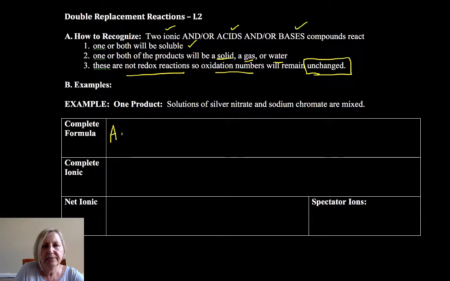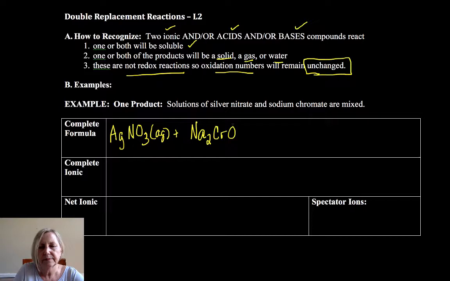Solutions of silver nitrate, aqueous, plus sodium chromate. Hope you know those polyatomic ions. This is when I think it's helpful to put the charges underneath, but you do need to erase them when you're done, so you won't lose points on that.